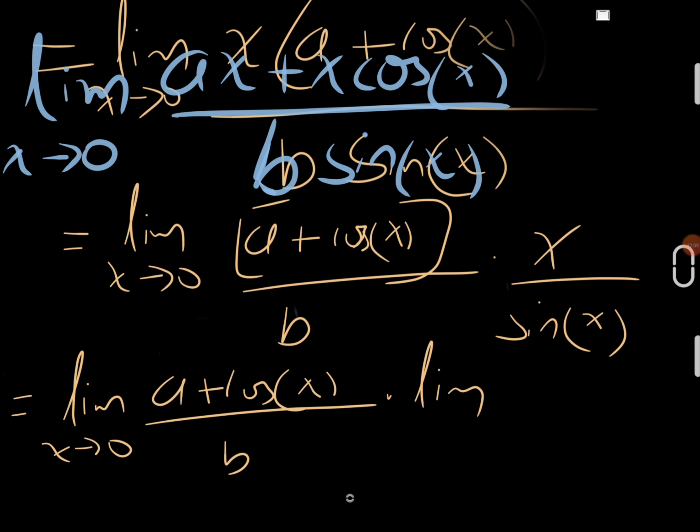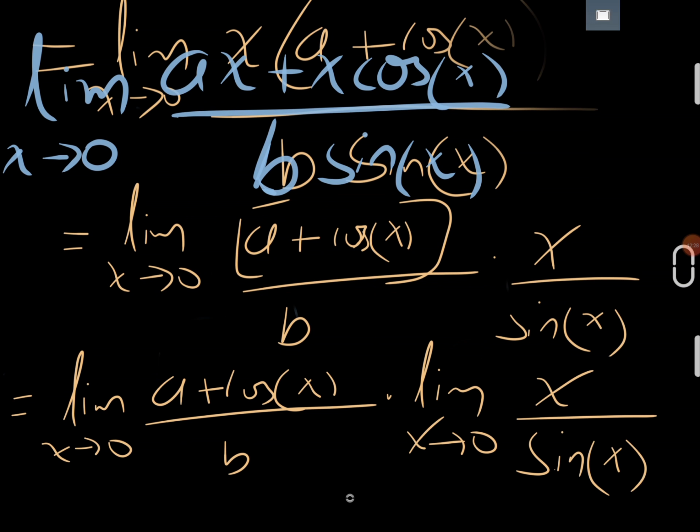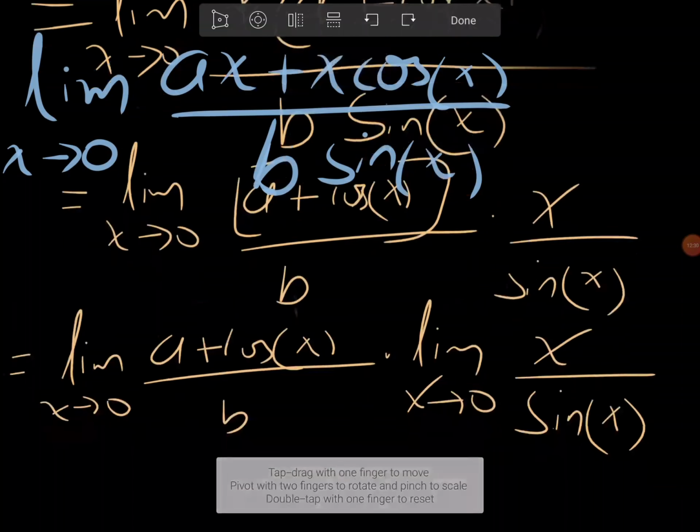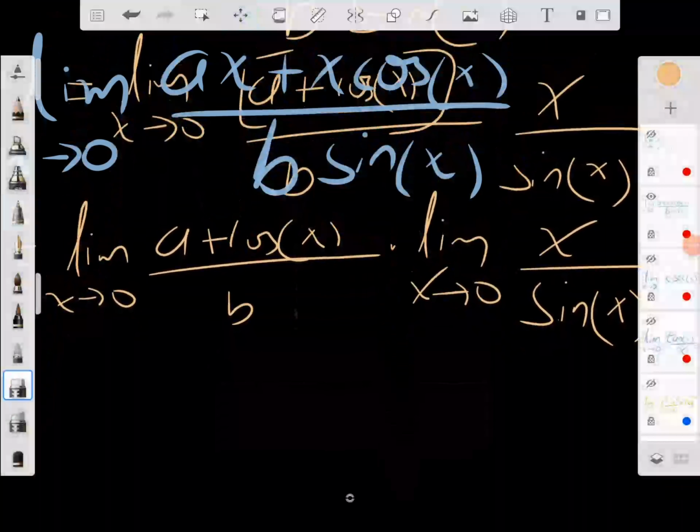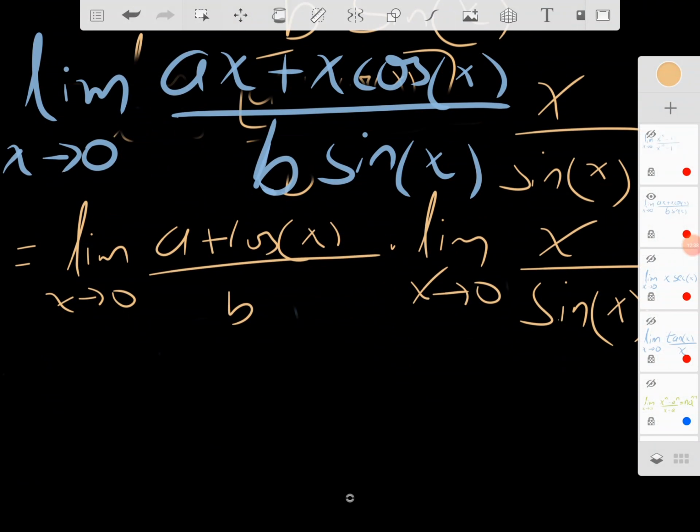I can apply the limit: f of x g of x is equal to limit f of x into limit g of x. You saw that in the book. So x tends to 0, x by sine of x. Now guys, look at this fraction. Let me rub off a little bit so that you can see it clearly.